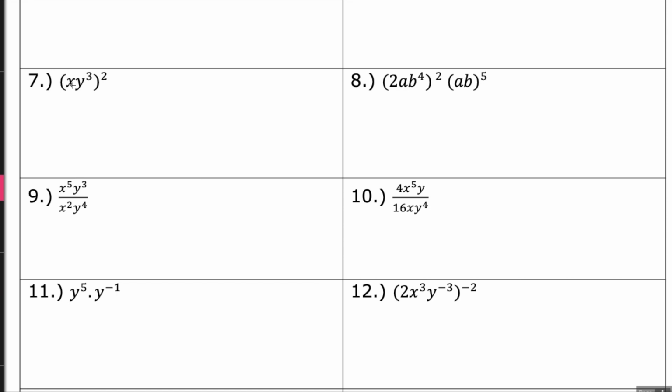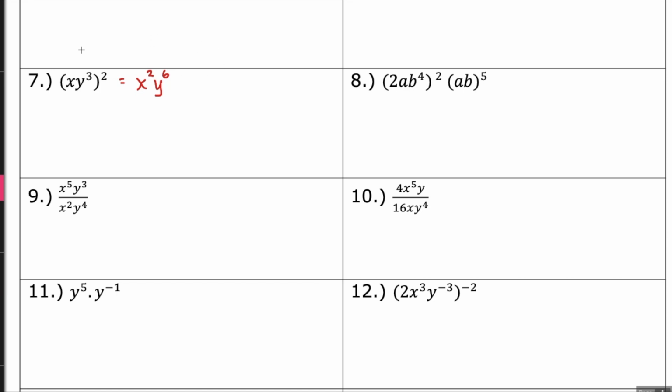So in this case, this one is basically x raised to 1. So 1 times 2 is x squared. The other one is y cubed. So 3 times 2 is y raised to 6. This is your answer. Okay, let's take a more complicated problem.